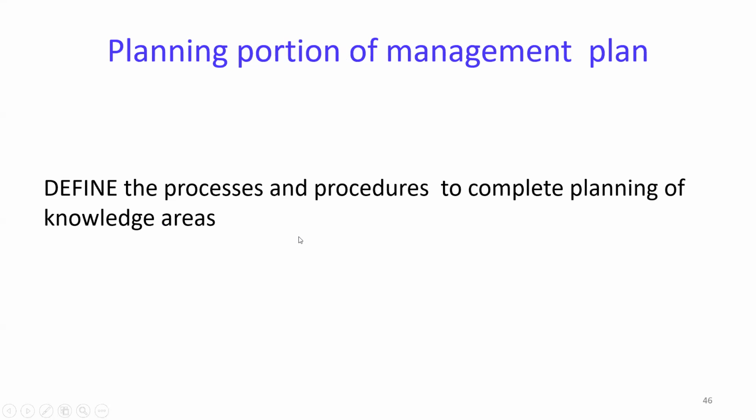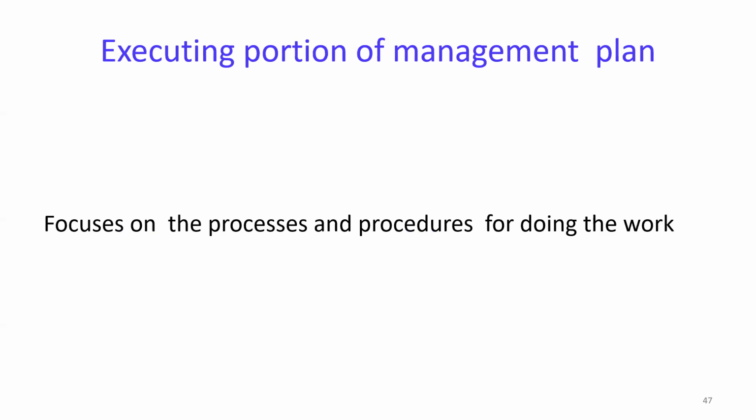So the first part of it, the planning portion of the management plan, defines the processes and procedures to complete the planning of the knowledge areas. Right, so the remaining 9 knowledge areas, starting from scope till the stakeholder knowledge area, how do you plan, and define the process to plan things? Okay, then the executing portion of the management plan talks about how you will execute the work which is already planned, right?